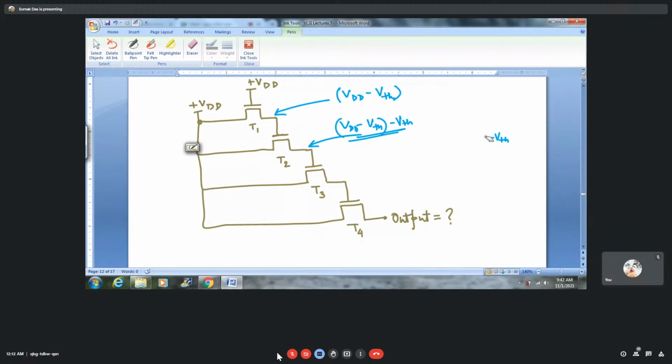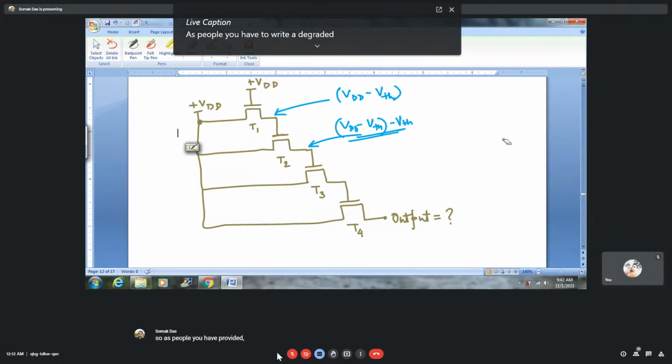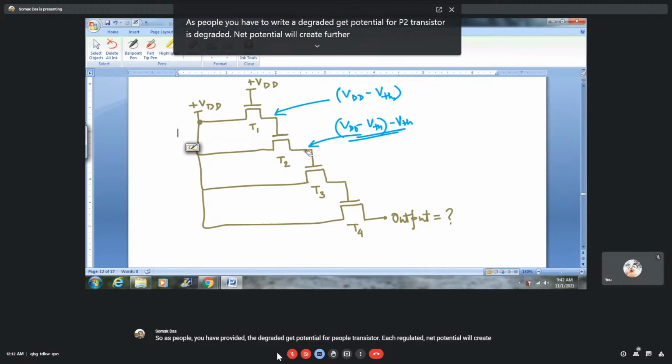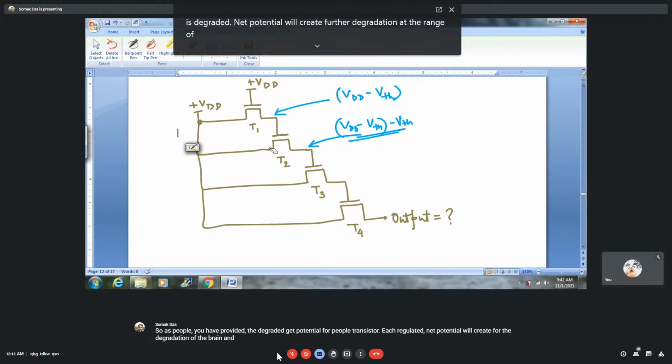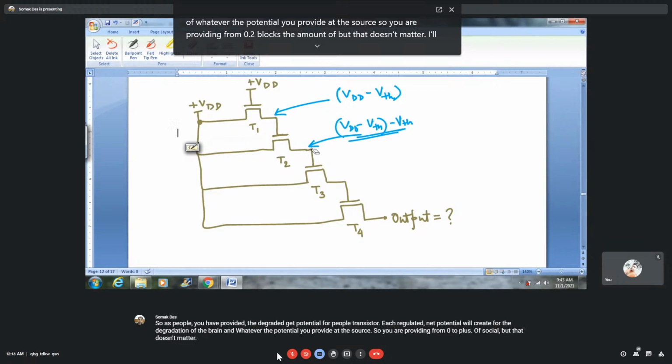So because you have provided a degraded gate potential for T2 transistor, this degraded gate potential will create further degradation at the drain end of T2, whatever be the potential you provide at the source end. So you are providing from 0 volt to plus VDD amount of potential at the source end, but that doesn't matter. Ultimately, the potential you will receive will be controlled by the gate potential of that particular transistor.